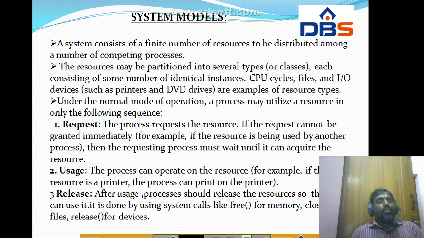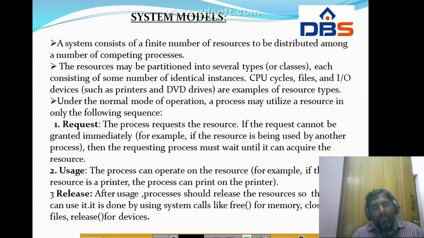Next, in the deadlock concept, we are going to talk about system models. What is meant by system models? A system consists of a finite number of resources to be distributed among a number of competing processes. The resources may be partitioned into several types, each consisting of some number of identical instances.